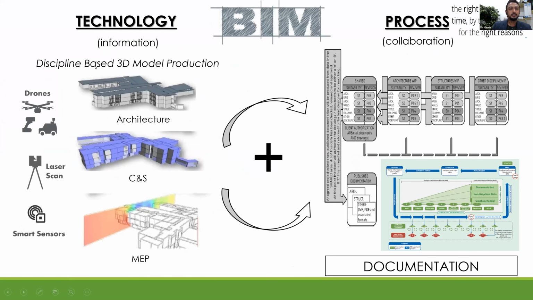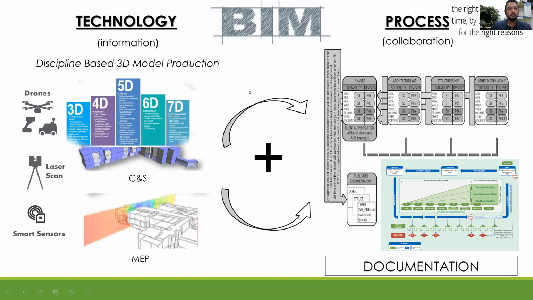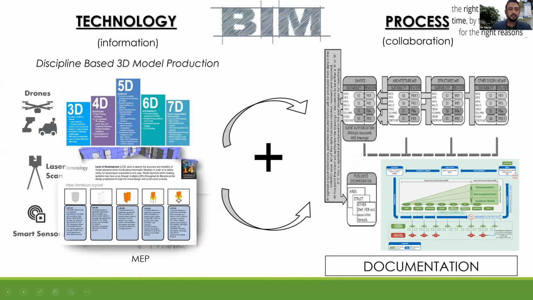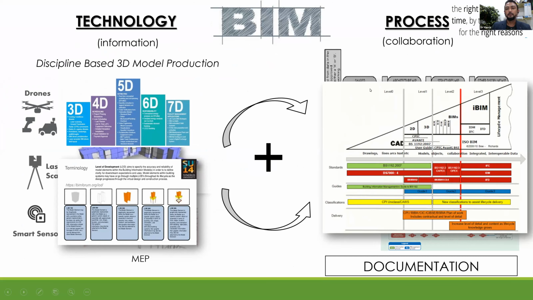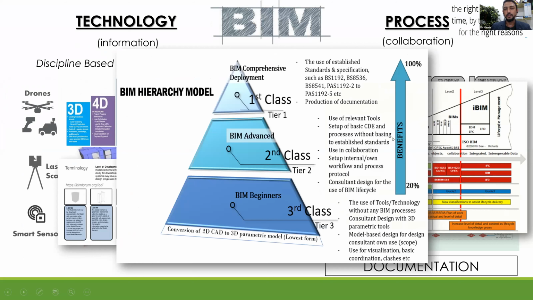So as a summary, you see the technology side and the process side. The technology side is all about the 3D, 4D, 5D, 6D, LOD, and so on. The process is about having level 1, level 2, level 3, and by implementing correctly, you get the highest benefit of BIM in your project.